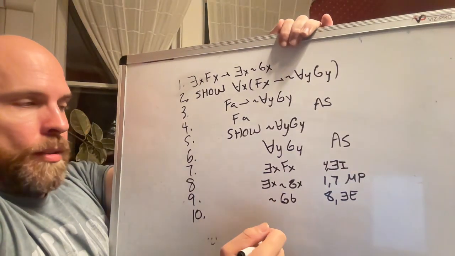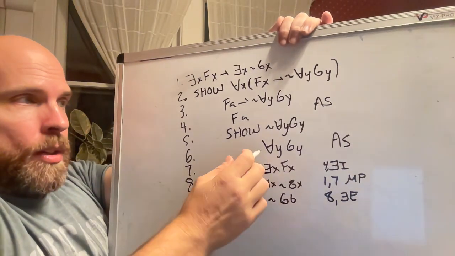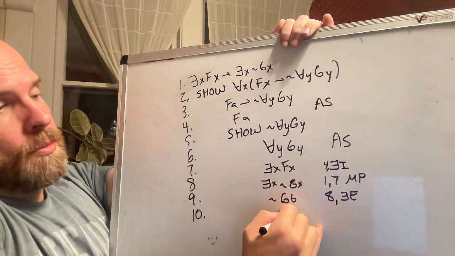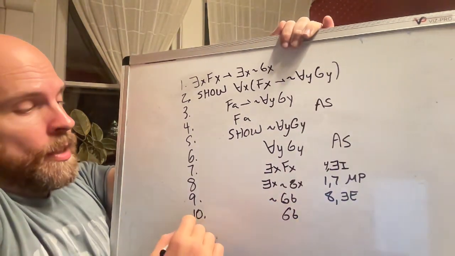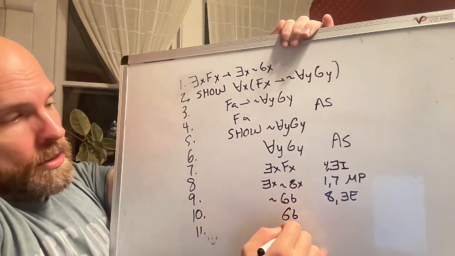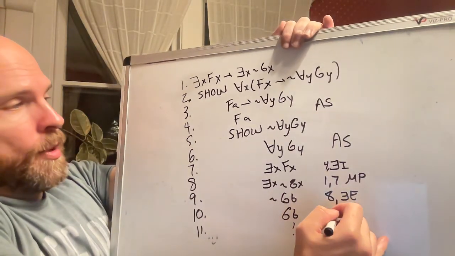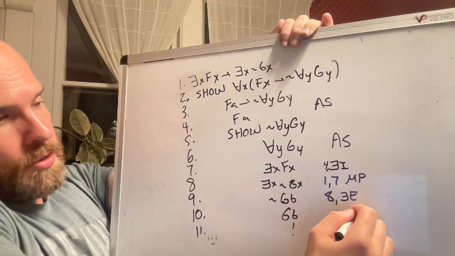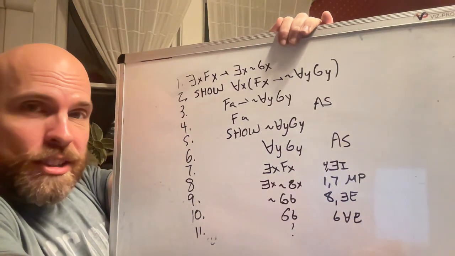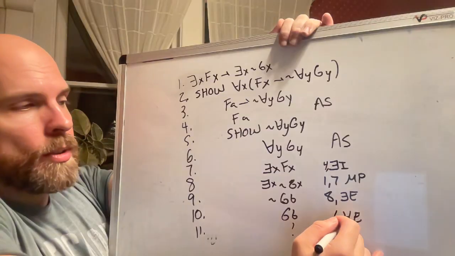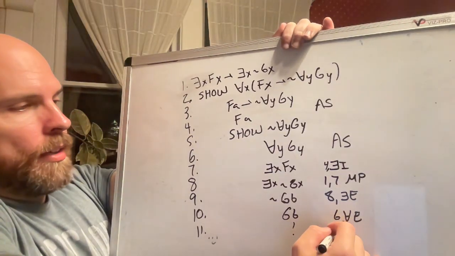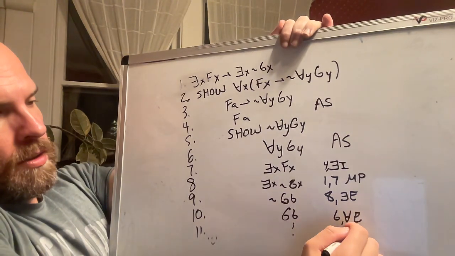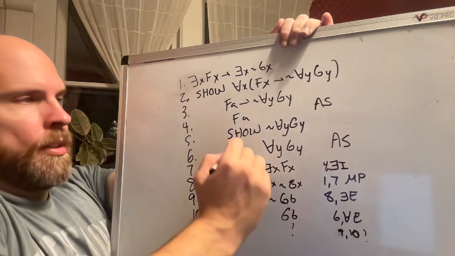And remember, I'm looking for a contradiction. I have as an assumption everything is G. Everything including B. From line 6, I have universal elimination. Remember, I could instantiate it to whatever I want. I could strip off the universals. And now I have on line 9 and 10 a contradiction.